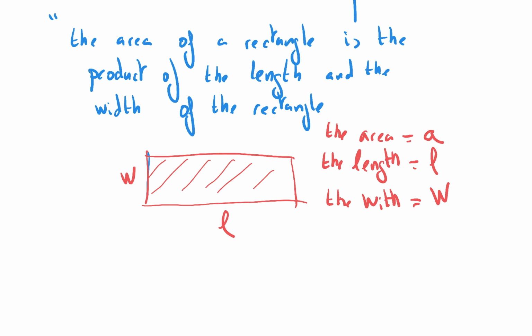The sentence says the area of a rectangle is equal to the product, so the product of 2 things, the length and the width. And we have constructed a mathematical equation that says that the area is length multiplied by width.